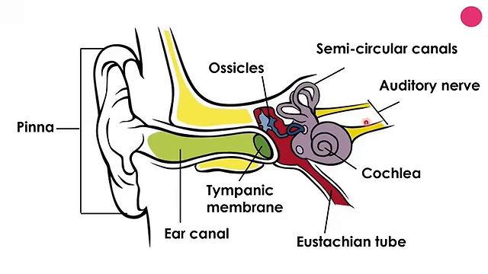Right, now if we focus first of all on this middle part, it is important that you know the function of the Eustachian tube. The Eustachian tube is responsible for making sure that the pressure on both sides of the tympanic membrane is the same.